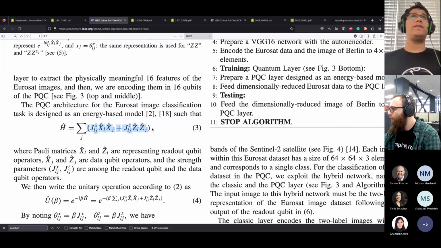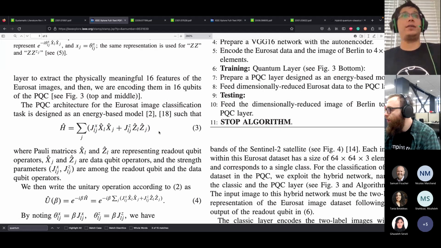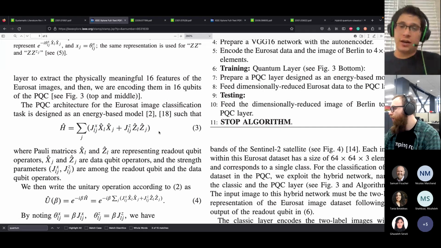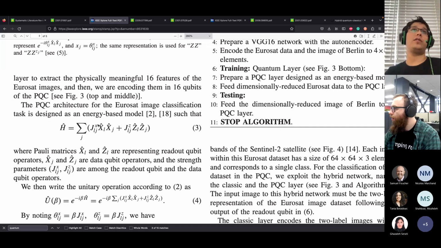Since this is an addition of several terms, what you can do is use linearity of quantum computations, and then the expected value of this H can be decomposed into different expected values with respect to the terms in this sum.